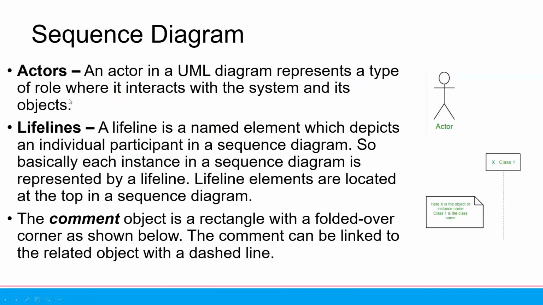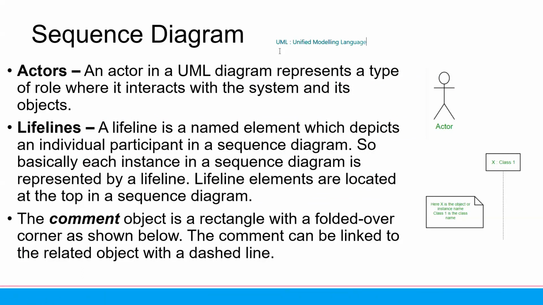So in the sequence diagram, usually they refer to one kind of diagram. They call it UML. I think last time I explained the UML. UML means the Unified Modeling Language. There are many kinds of representation in the UML.